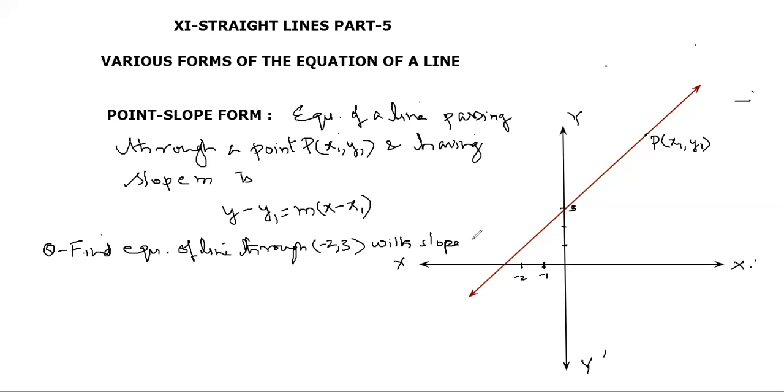You can see that the point P, -2 and 3, is given, and the slope is given, that means m is equal to 4.